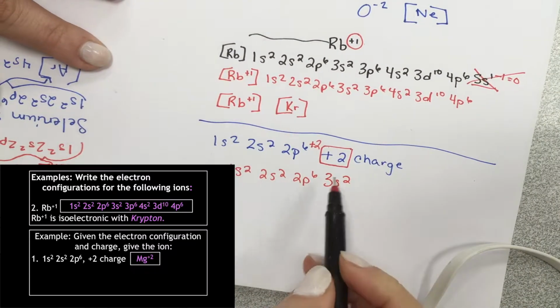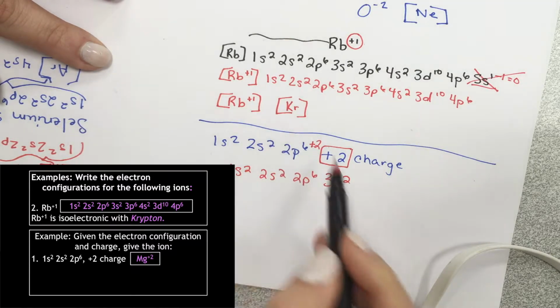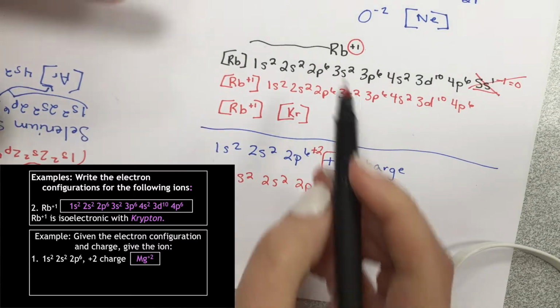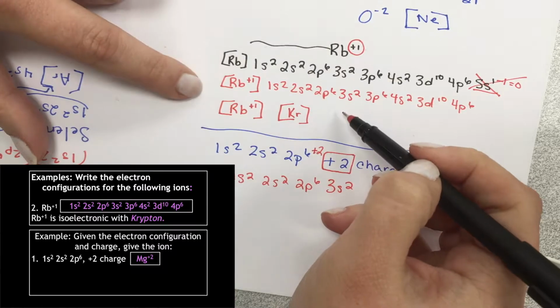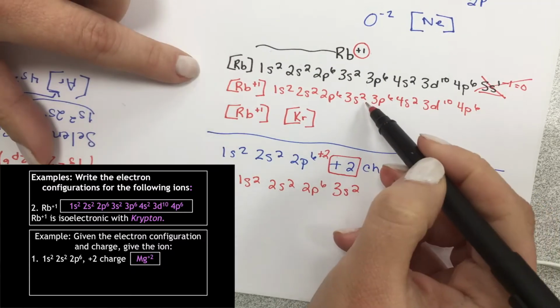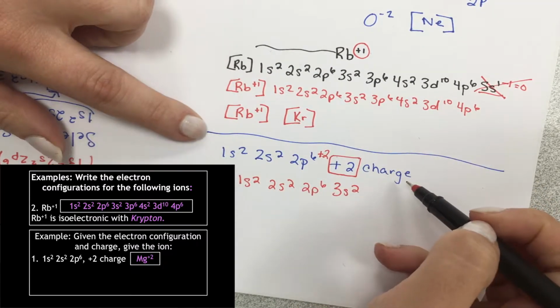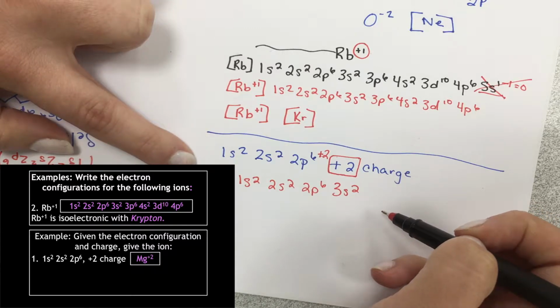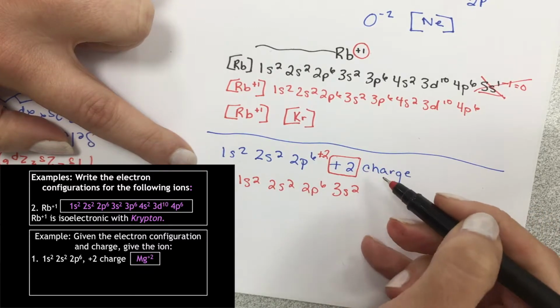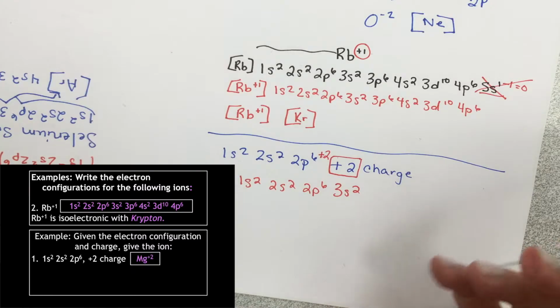So if you're given an ion, you do the opposite sign. If you're given the electron configuration, you have to find the ion, so you do the same sign. So whatever is easier for you.